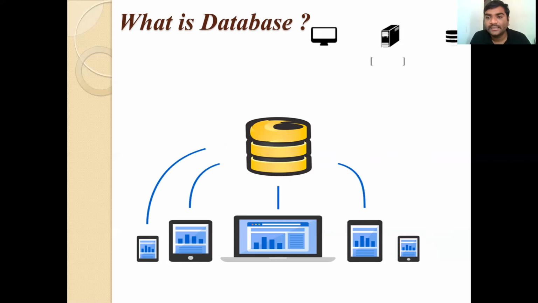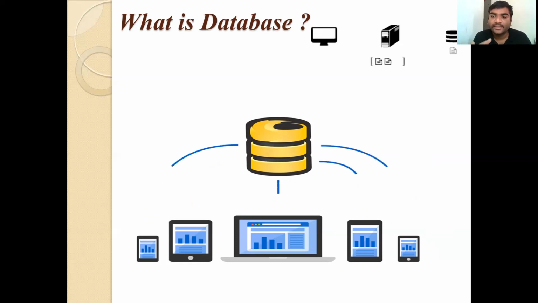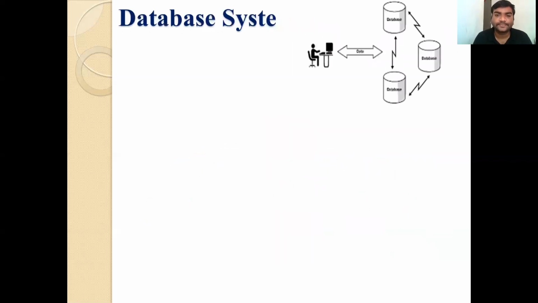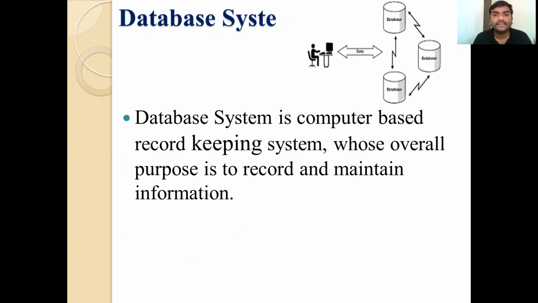As you can see in this animation, a lot of files are coming from the database and stored in the computer. The database consists of a lot of information that can be retrieved from the computer side or mobile side. So that is the database. Next topic is the database system.